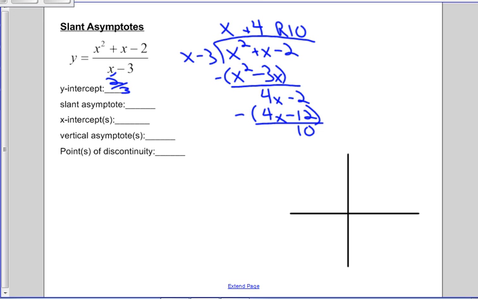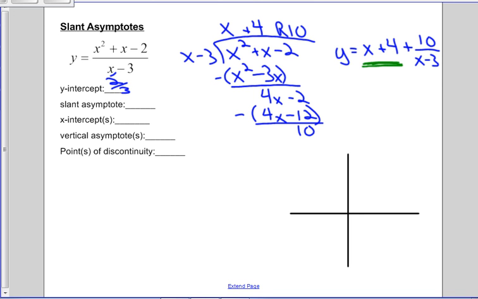And what that means is that you could rewrite that initial function as y equals x plus 4 plus 10 over x minus 3. They would mean the exact same thing. The slant asymptote is going to be the whole number and whole variable part of this, the x plus 4.